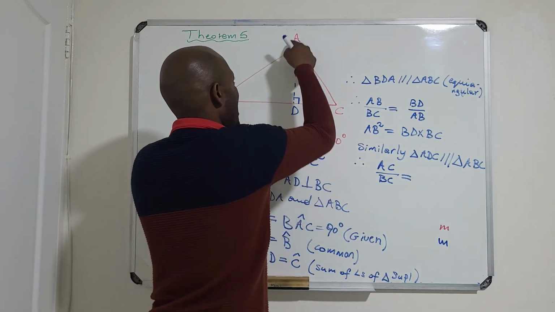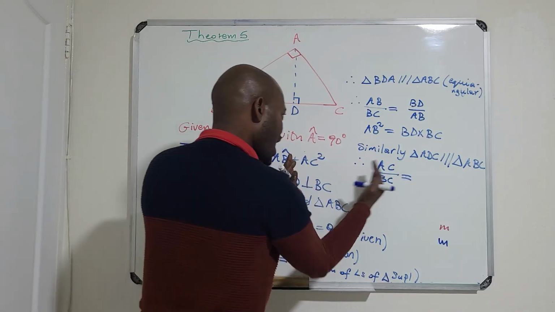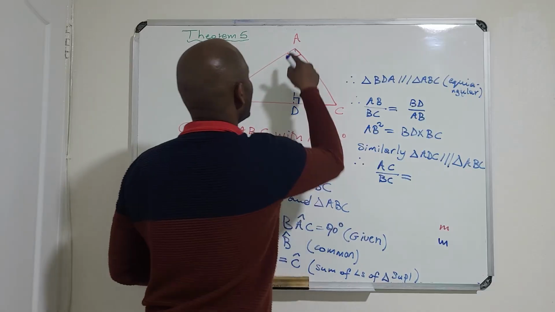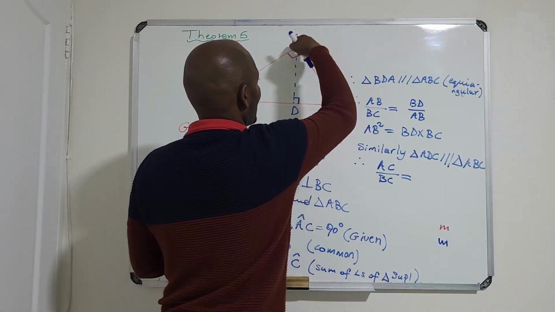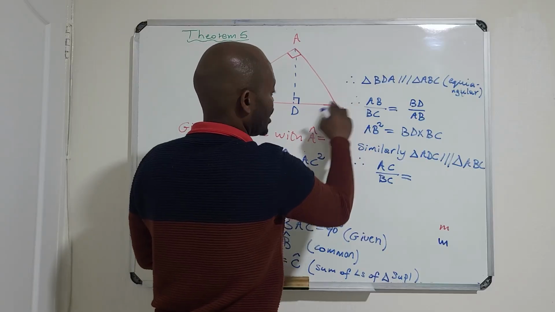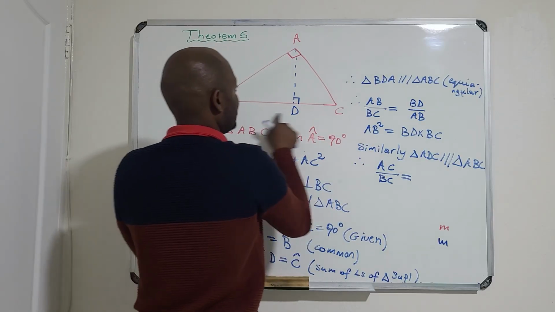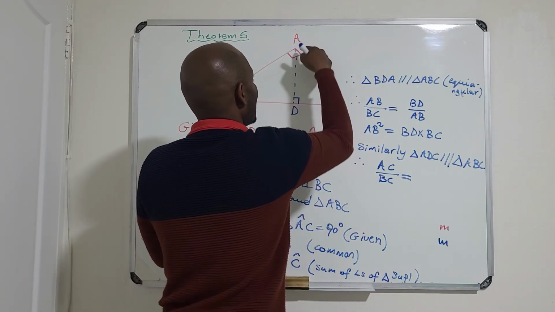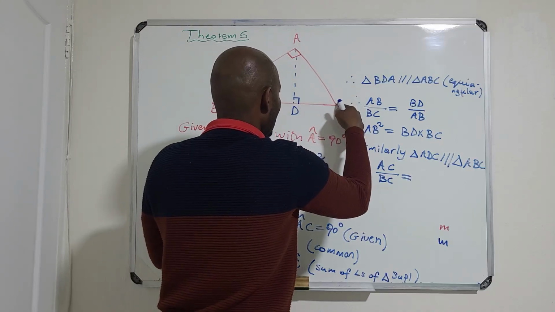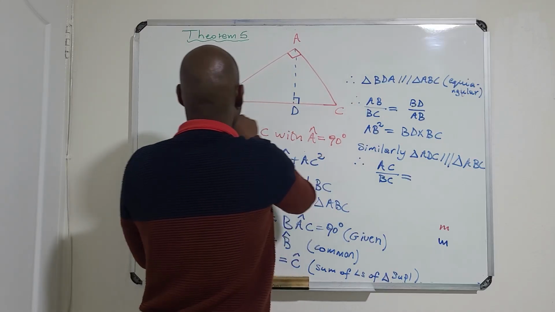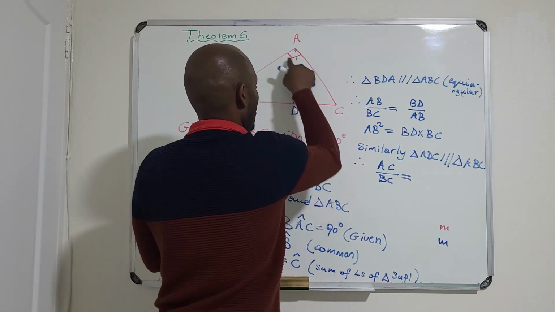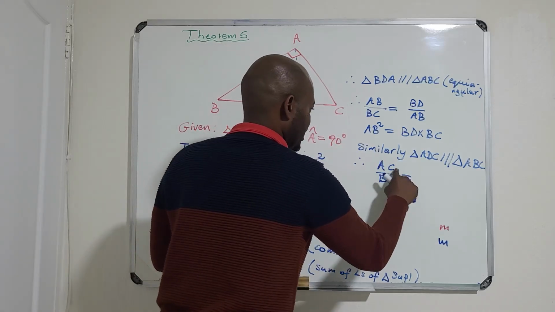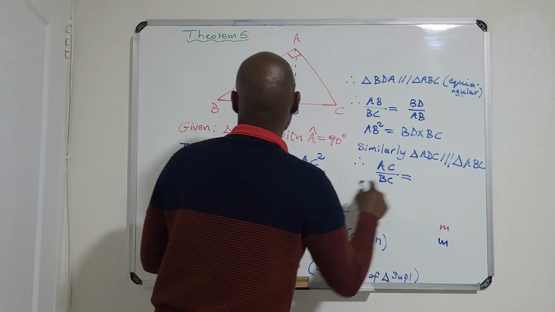Also, it means that since for this side, I've started on AC over BC. On this triangle, I started by AC, which is opposite 90, over BC for this triangle, opposite 90. That is why I've got AC over BC is equals to.